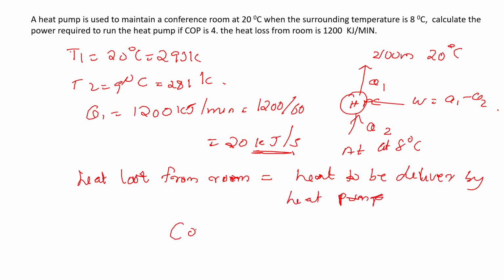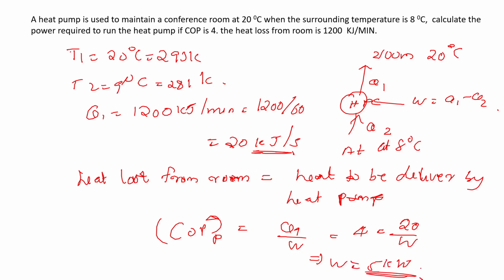Now COP of the pump will be Q1 divided by W, that you can write as 4 is equal to 20 divided by W. From there you will get the value of W is equal to 5 kilowatt. So this is a very easy problem. Just you have to know the logic from where the heat is coming and where it is going. You have to equate what is lost and delivered to the system, then find the values.